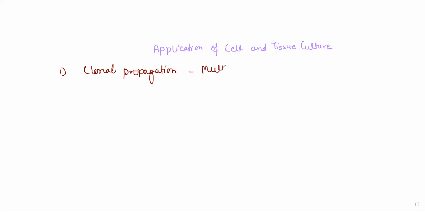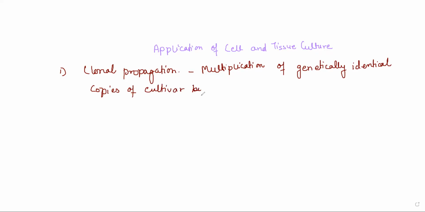Multiplication of genetically identical copies of cultivar by asexual reproduction is called as clonal propagation.